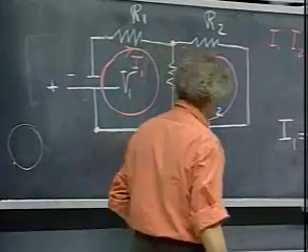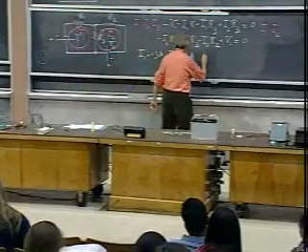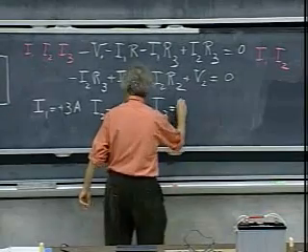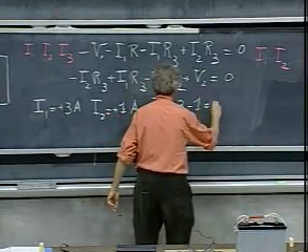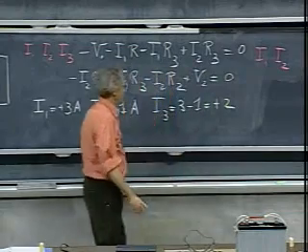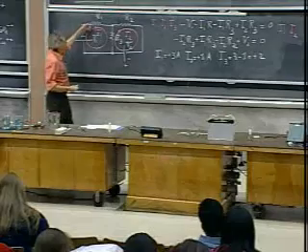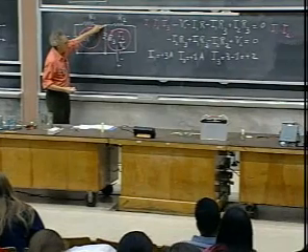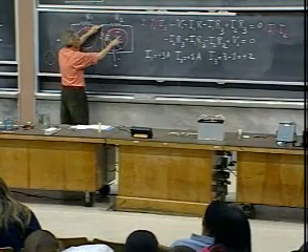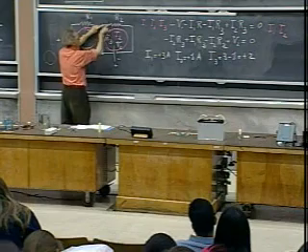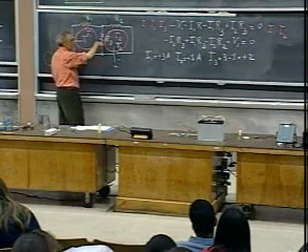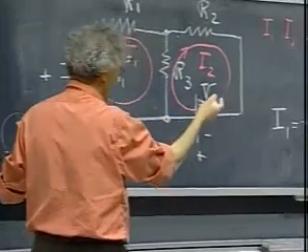Well, it's clear then that I3 is 3 minus 1 is plus 2. Another way of looking at it is 3 amperes come in at this juncture. I2 is 1 ampere, so 1 ampere goes through, so 2 must go down. That's really Kirchhoff's second rule.